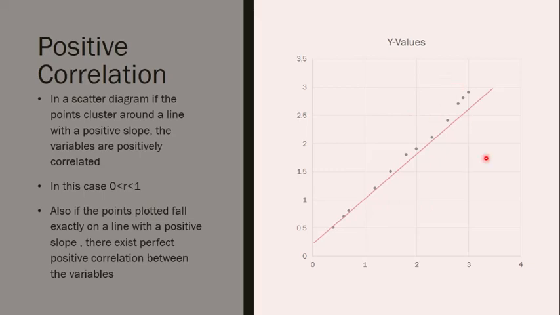So in this case I can't say that it is a perfectly positively correlated random variable, because there are values over here, not lying on this line. So if you encounter a case when the points lie on this pink line, then we have a perfect positive correlation.